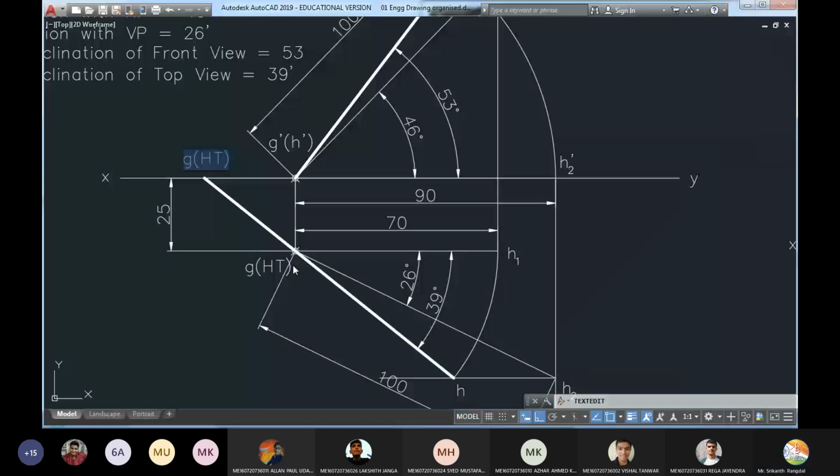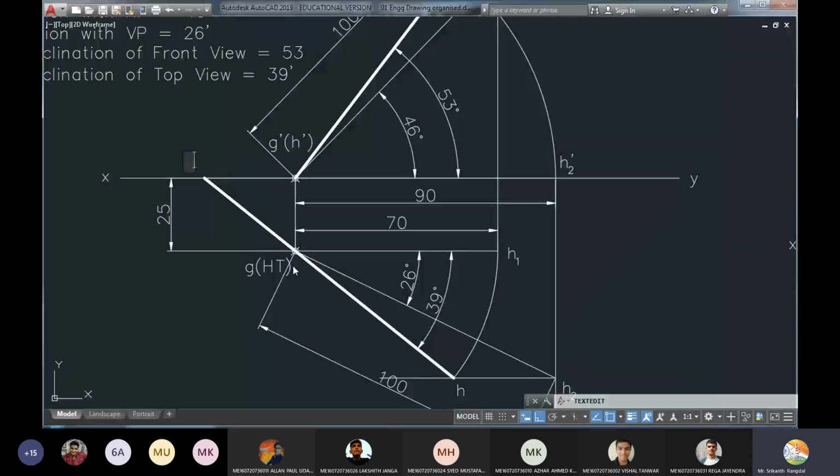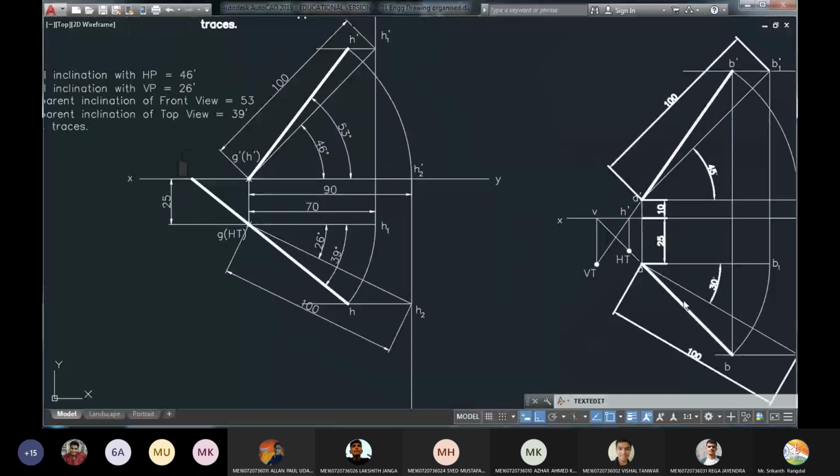What is this point? When we extend the top view up to XY, what did we get? Look at the master diagram, it is on the right, and tell me. That point is V.